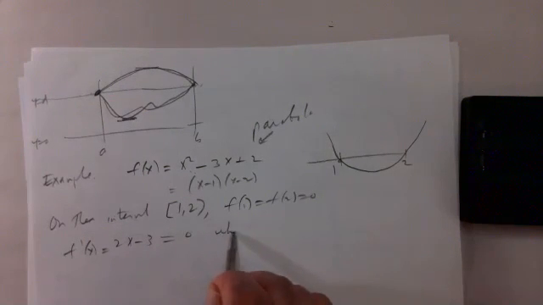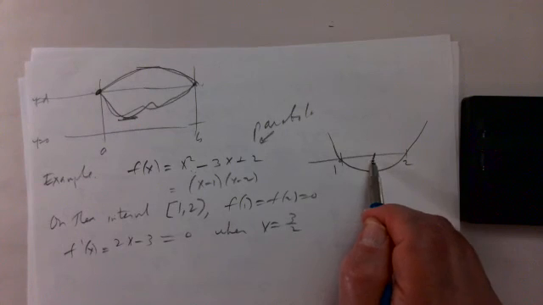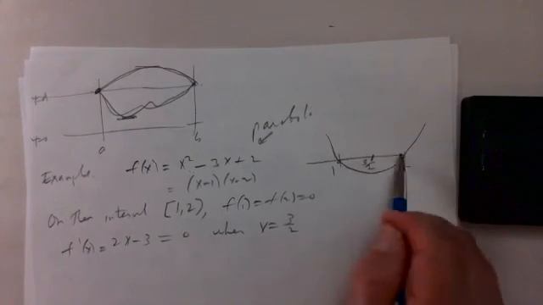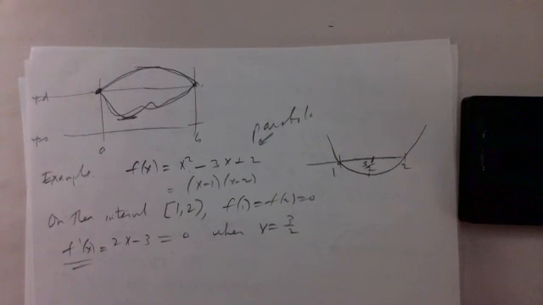That equals 0 when x equals 3/2. So there's this point 3/2, which is between the endpoints of the interval, where the derivative is 0. That's what Rolle's theorem says.